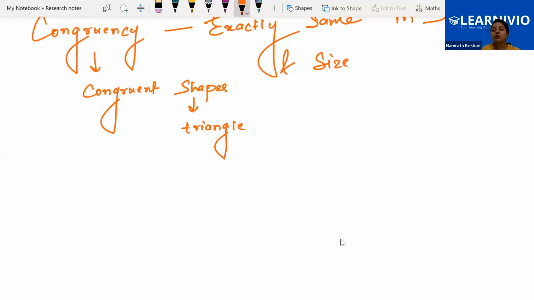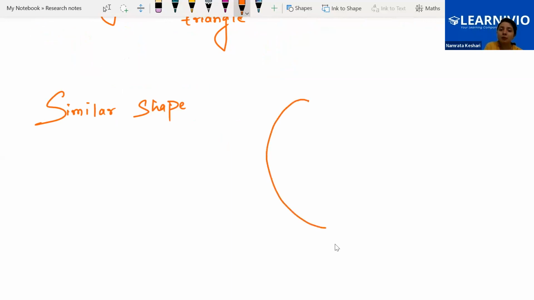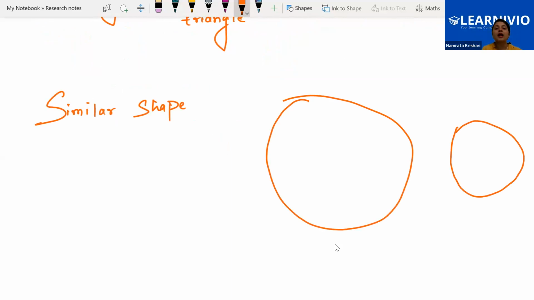Here we will first understand what similar shapes are. Now I am saying that two shapes are similar. For example, I draw a big circle, and then a smaller circle, and I say that these two shapes are similar to each other.